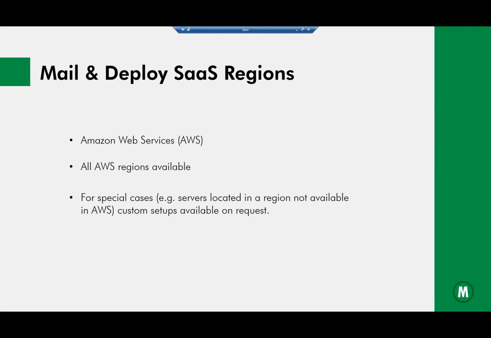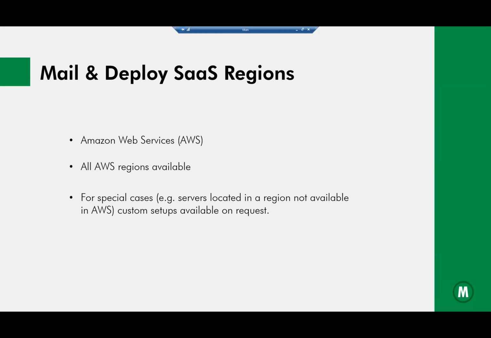However, for special cases, for instance, you need a server located in a region that is not available in AWS, custom setups are available, so we can then either fire up an Azure VM or any other cloud provider that is compatible with Mail and Deploy.